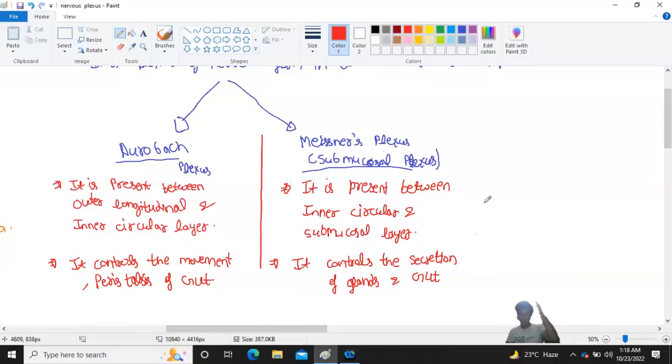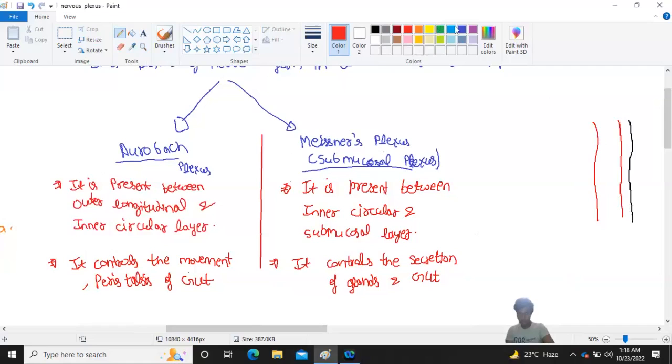So first, how is it present? We know there are layers. Let's say this is the serosa, the outer layer. Inner, there are two muscular layers, the outer longitudinal and inner circular.